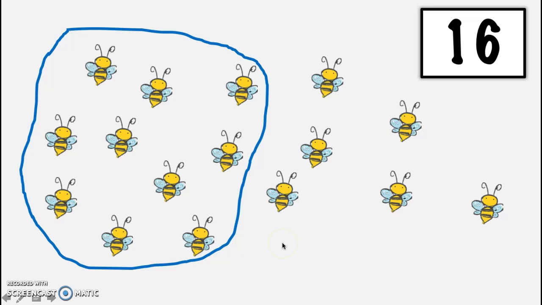Okay, so we want to show a teen number actually has that 10 in there, right? So if we circle the 10, not only does it really show what's going on with that teen number, but also it shows the different parts so it's easy for us to check to make sure we have just enough. 10, 11, 12, 13, 14, 15, 16. All right, excellent job. Erase your board, friends.